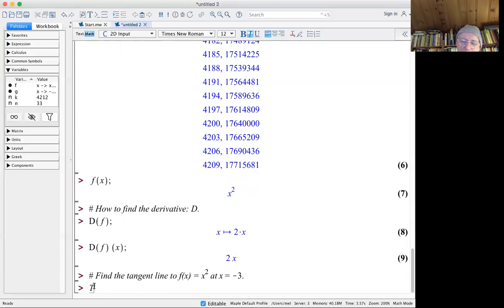So the tangent line, I'll call it tangent line, is equal to the derivative of the function at 3 times x minus 3 plus the value of the function at 3.